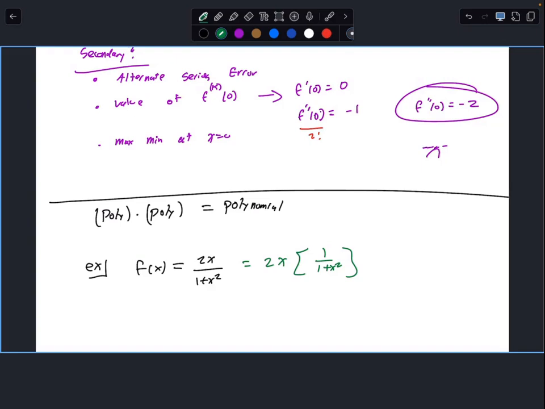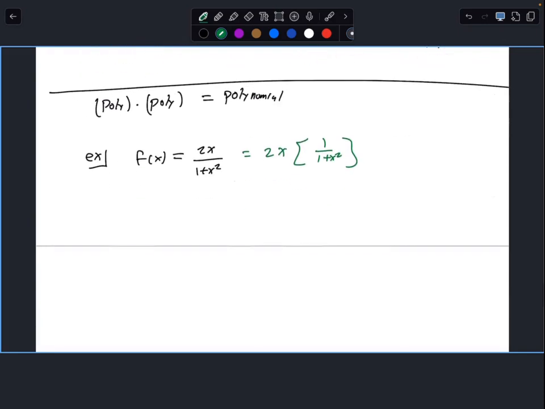So the Maclaurin expansion of 2x is 2x, times 1 minus x squared plus x to the 4th minus x to the 6th, dot dot dot, plus negative 1 to the n times x to the 2n.